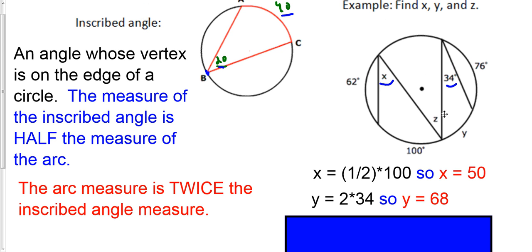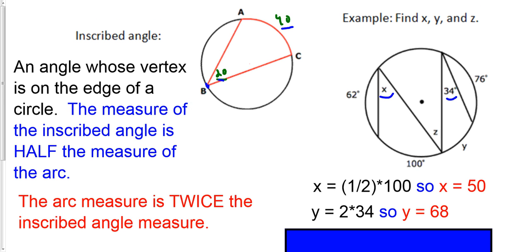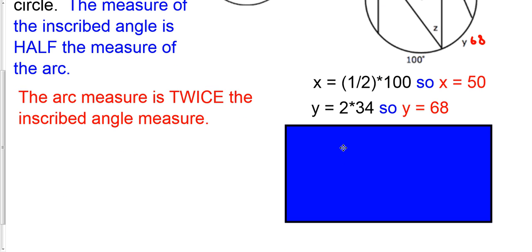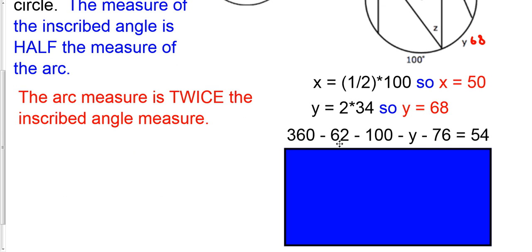So we have x and we have y now. Now to find z, z is this inscribed angle. To find z, we would need to know this arc, this missing piece right here. To find that, remember the whole circle is 360 degrees. We've got 62, 100, y we found out was 68, and 76. So we can add all of these up, subtract it from 360, and we'll find this arc measure. So we start with 360 minus 62 minus 100 minus y minus 76.